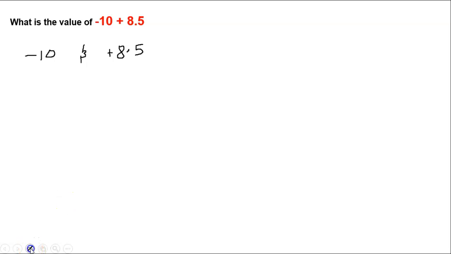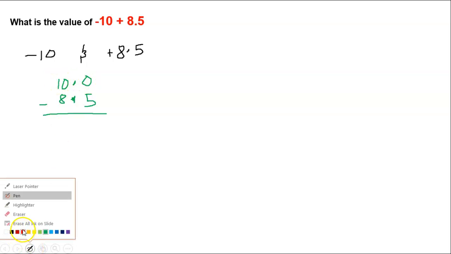So we have to say 10 take away 8.5. 10 can be written as 10.0, take away 8.5. The 8 has to come here because the 8 is 8 ones. Our point must be aligned vertically. You cannot get 5 from 0, so you borrow 1 from the 10.